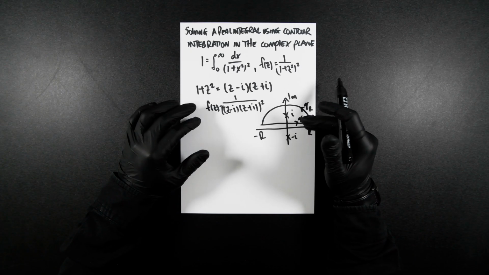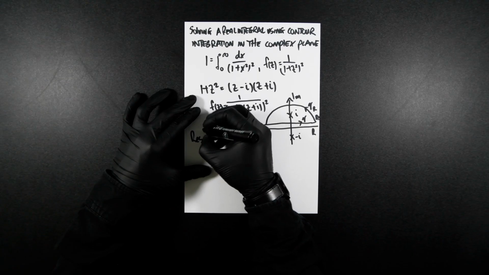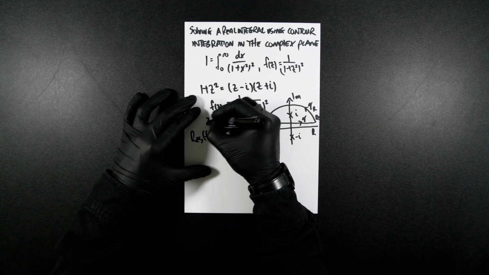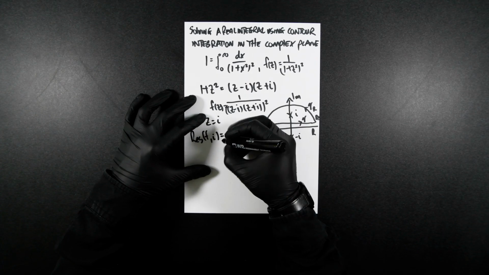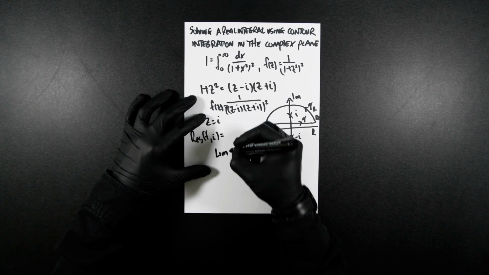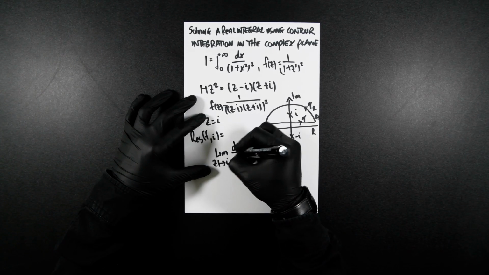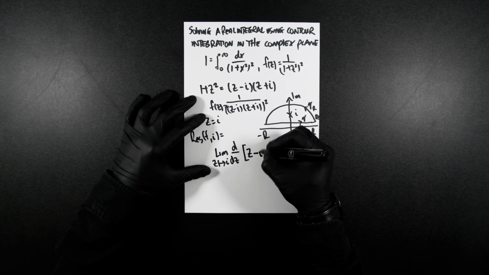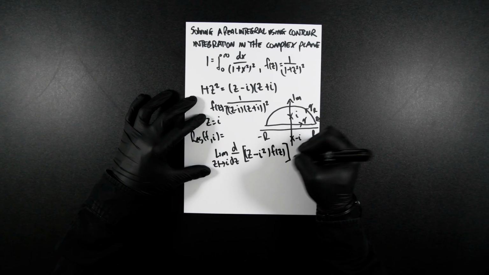So for a second order pole, the residue at z equals i, and I'm just going to write this here, z equals i, that's all we care about, equals the limit as z goes to i of d/dz of (z minus i) squared times f of z.